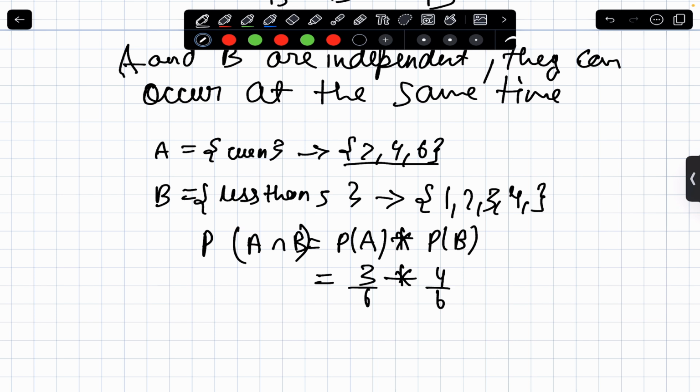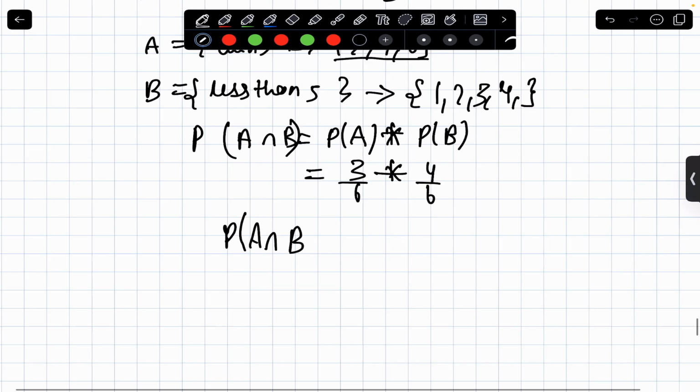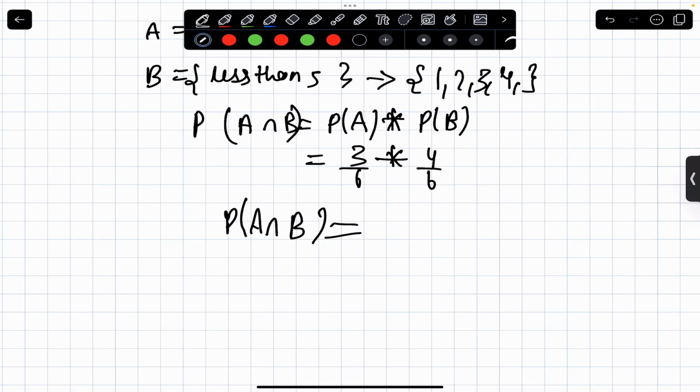Okay, got this? If the intersection of A and B is 0, there is nothing common between them, then they cannot occur at the same time. If they cannot occur at the same time, those events are mutually exclusive. Mutually exclusive, my friend.